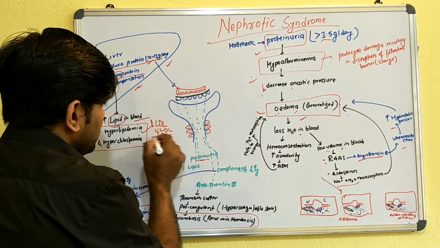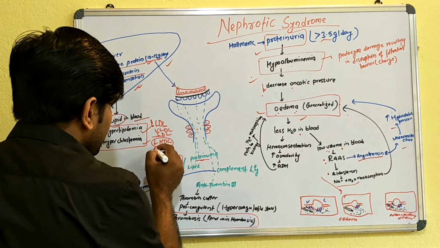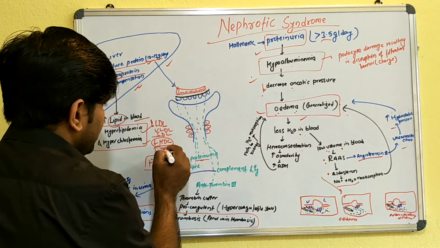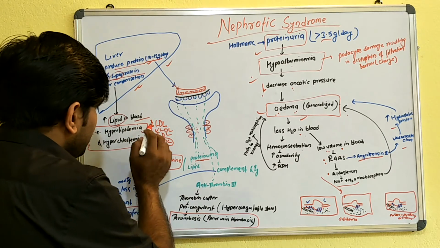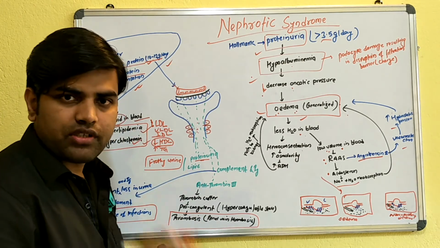So this is decreased, but the others are increased. This can be said as dyslipidemia. But you have to say that there will be an increase in triglycerides as well. So hyperlipidemia or dyslipidemia, and there will be hypercholesterolemia. That you have to understand.